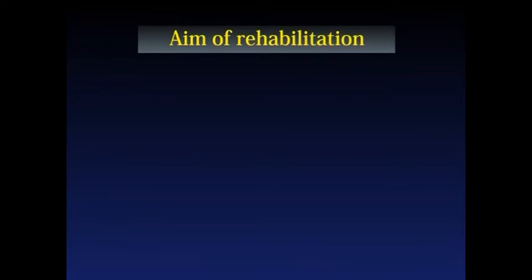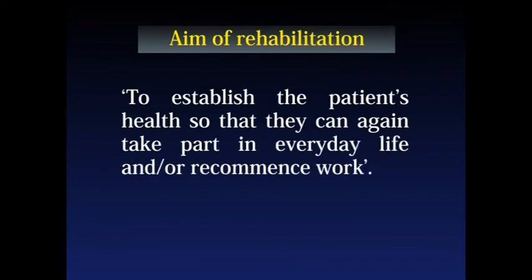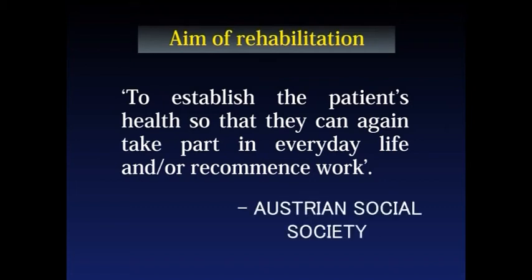Different experts from varied areas of expertise have presented the aim of rehabilitation differently. Following are the aims given by different experts. According to the Austrian Social Society, the aim of rehabilitation following medical treatment is to establish the patient's health so that they can again take part in everyday life or recommence work.